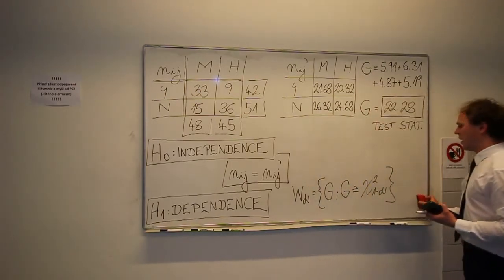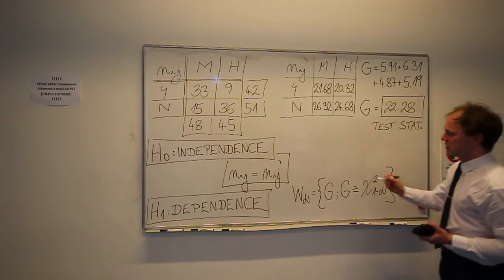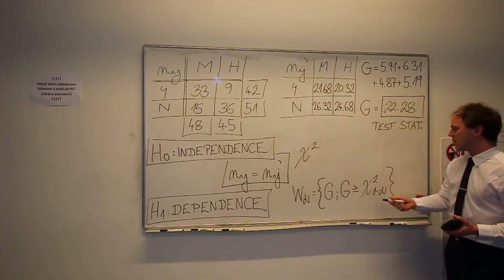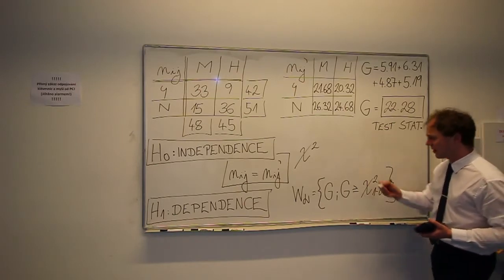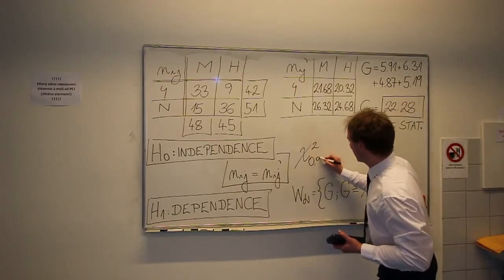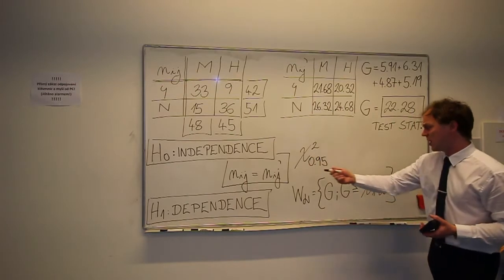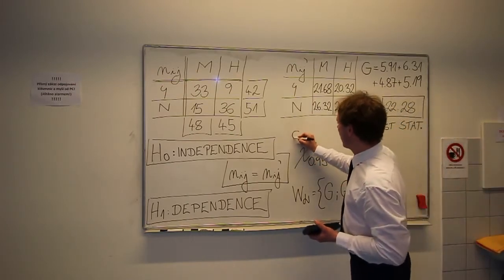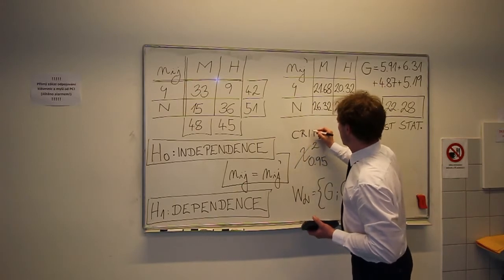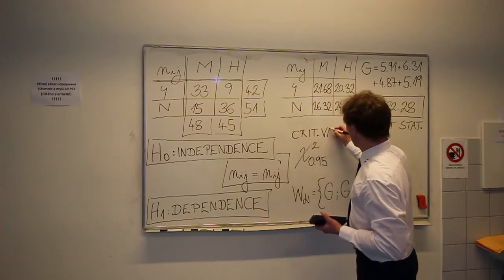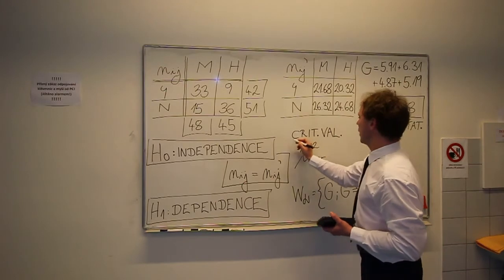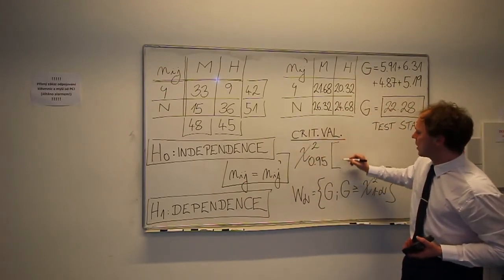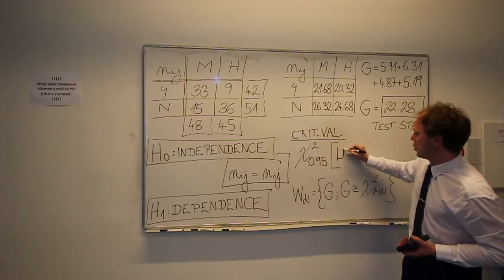Very important is the chi-square distribution: we are searching for the chi-square quantile 1 minus 5%, which is 0.95. We must search for this critical value, critical quantile, yes?